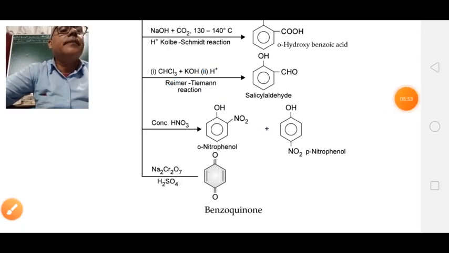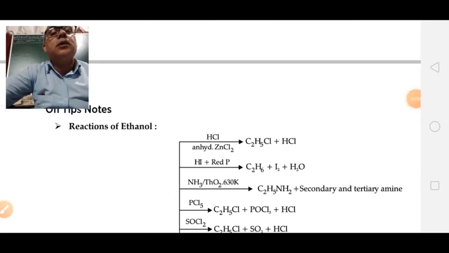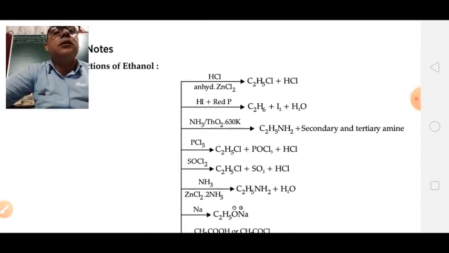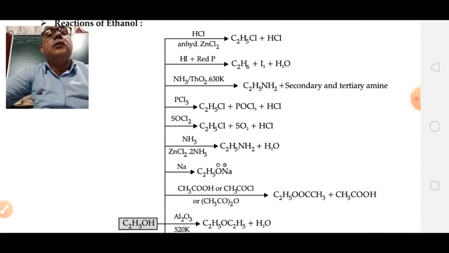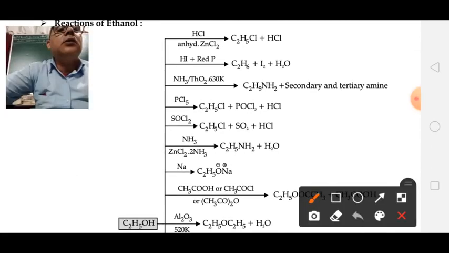Now you can see some other reactions of ethanol. What are the reactions of ethanol? Ethanol in the presence of Lucas reagent gives ethyl chloride. With HI and red phosphorus it gives alkane, hydrogen and water.